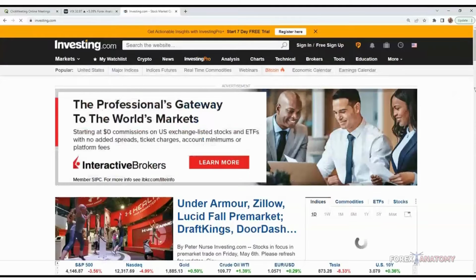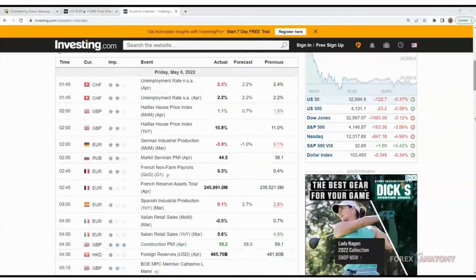I know we have Canadian employment data coming out as well around the same time. But yeah, we have a slew of data coming out in 5 minutes on both the US and the Canadian economy. We see this labor data coming out, and the headline figure is for 391,000 jobs added to the labor force.